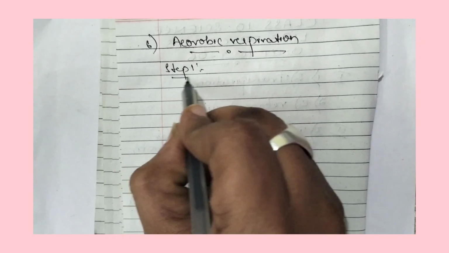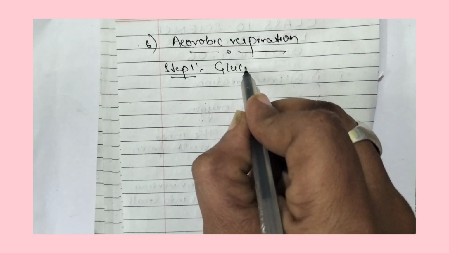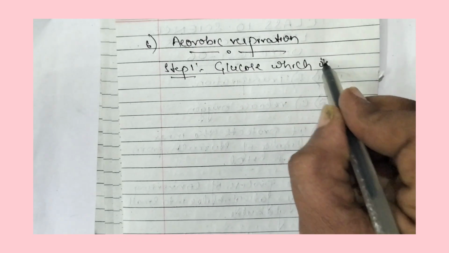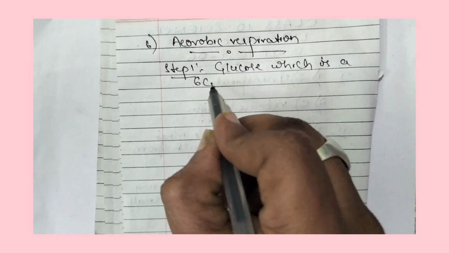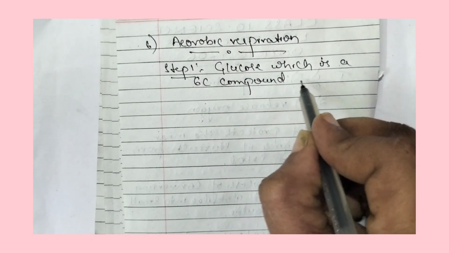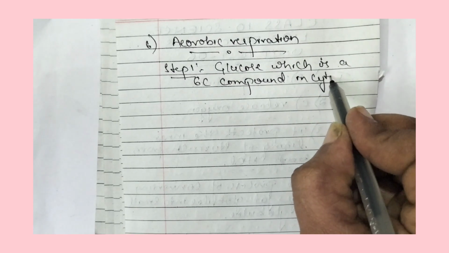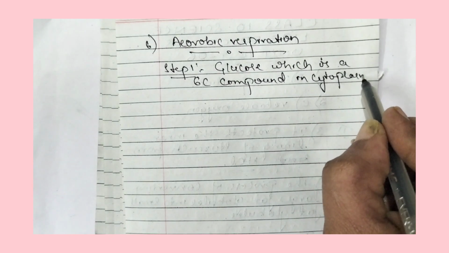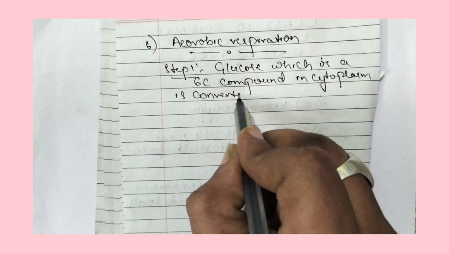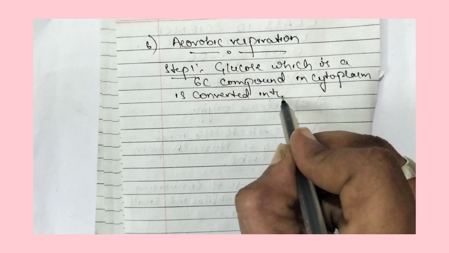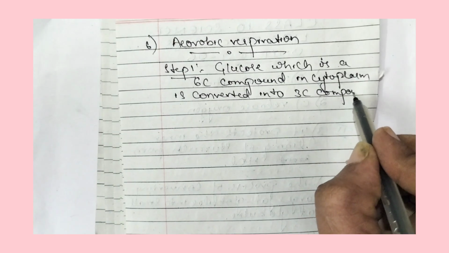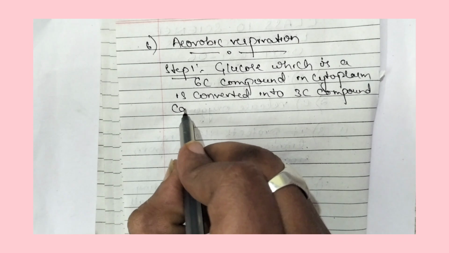Step number 1: glucose, which is a 6 carbon compound, in the cytoplasm is converted into a 3 carbon compound called pyruvate.